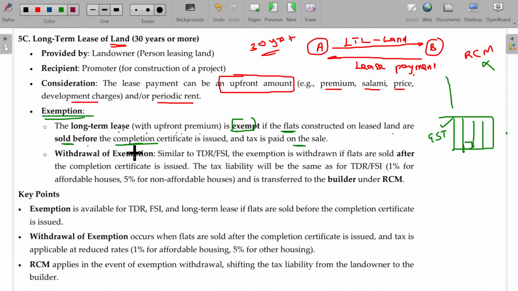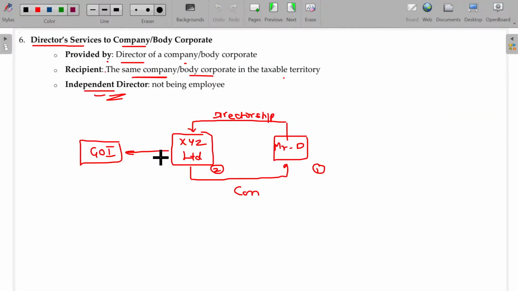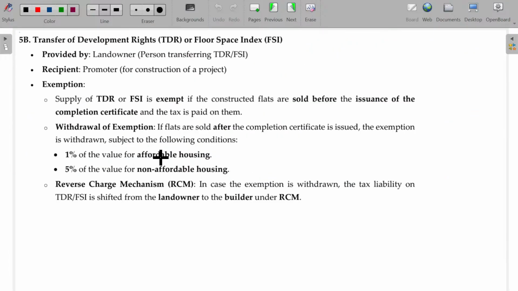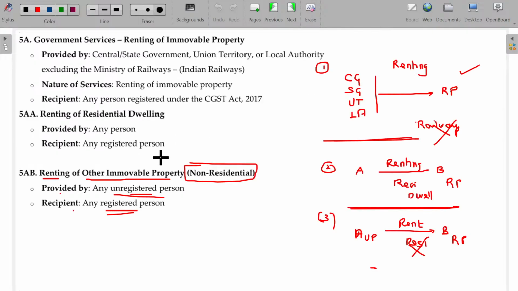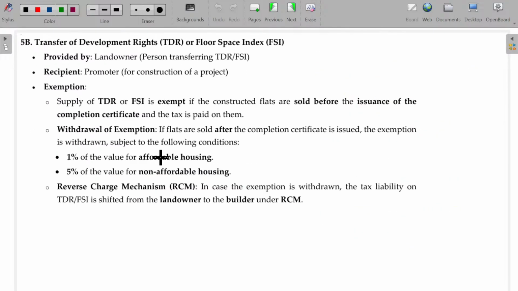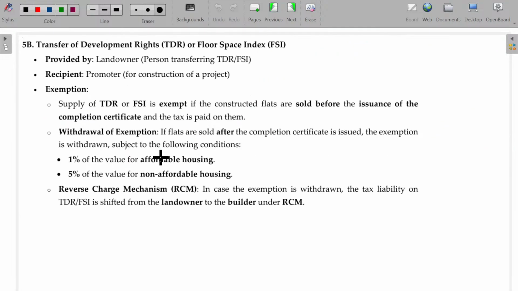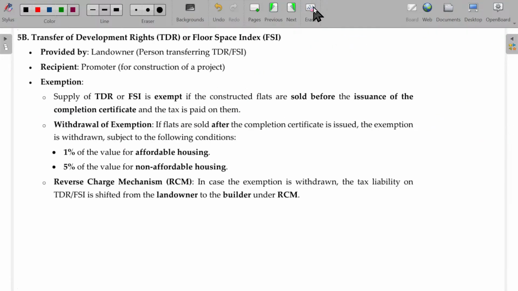Clear? And withdrawal of exemption. Okay. So before I go to this point, let me finish up this one. I missed 5B.